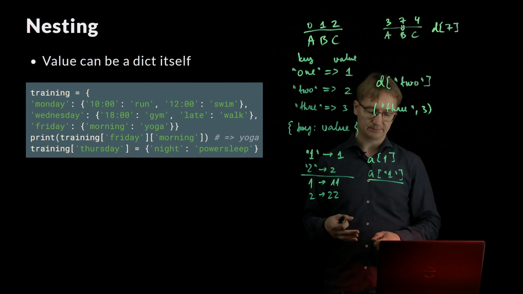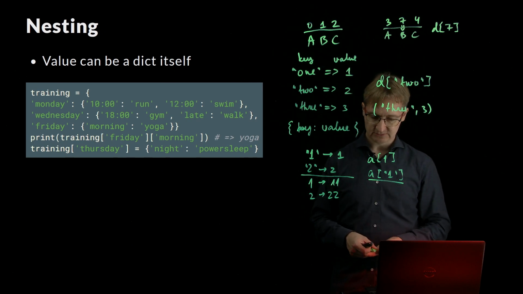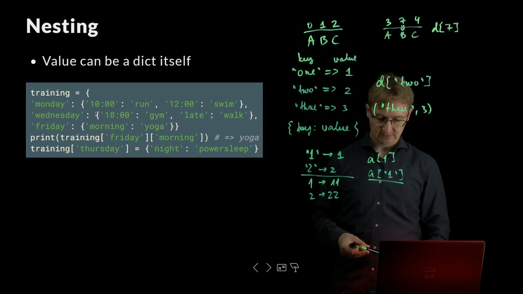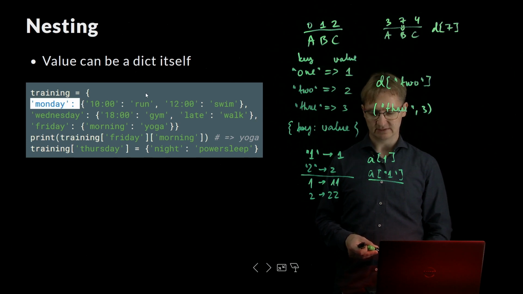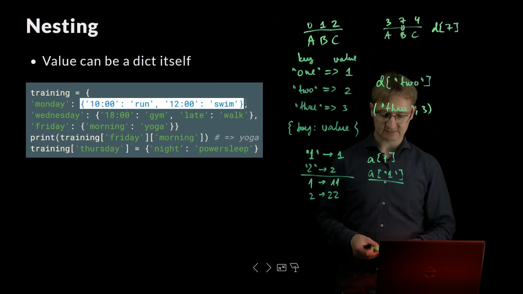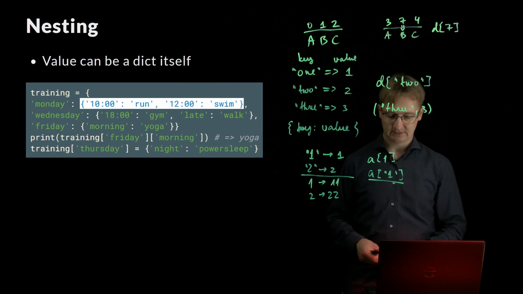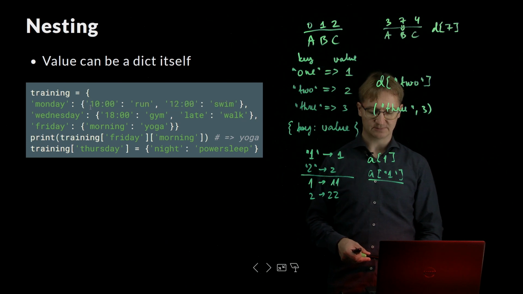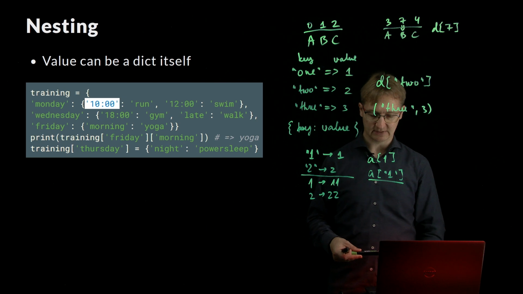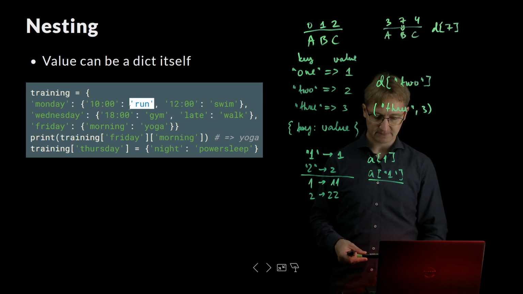The value can be a dictionary itself. So here is an example. I have a training. The training consists of days, and every day has a dictionary of activities or trainings for that day. And this inner dict is basically a dictionary where I have a time and the activity at that time.